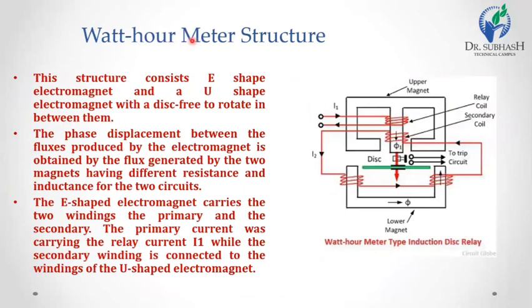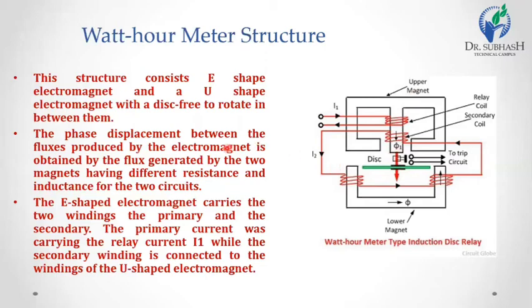Now, what about the watt-hour meter structure? In the watt-hour meter structure, it consists of an E-shaped electromagnet above the disc and a U-type structure below the disc. This is a disc which is free to rotate between them.